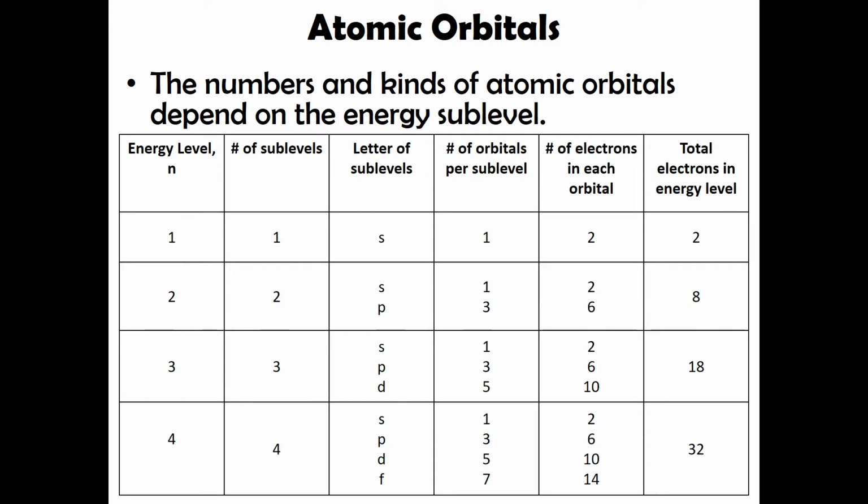In the first energy level, there's only one type of sublevel or subshell, and it's the s. Only the s orbital can exist in the first energy level. The maximum number of electrons in an s orbital is 2.